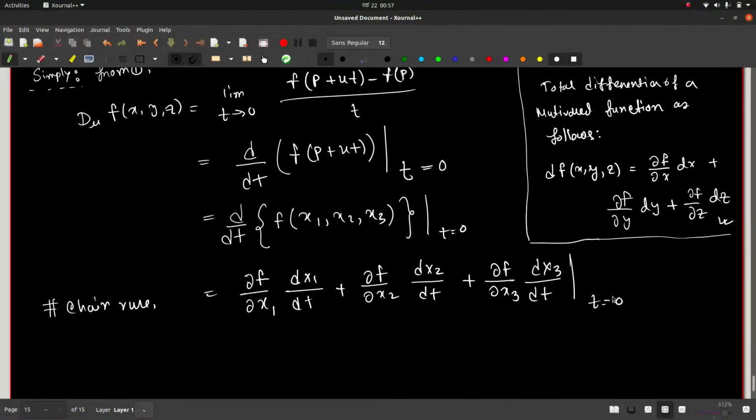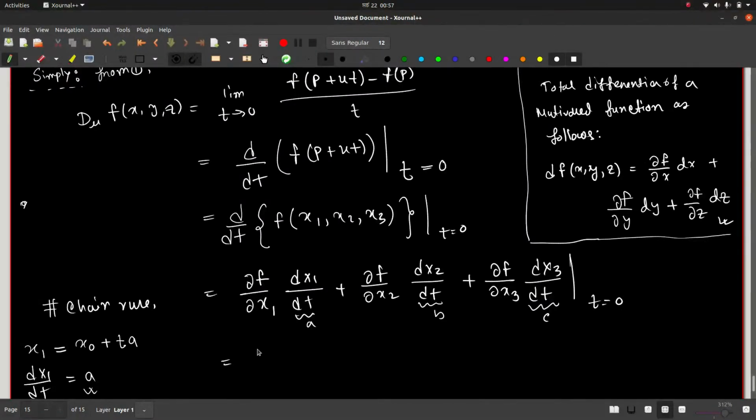Now, what was x1? x1 was equals to x0 plus t a, right? And dx1 of dt is nothing but a itself. Similarly, you can show that this is a, what we just showed, and similarly we can show that this is b and this is c.